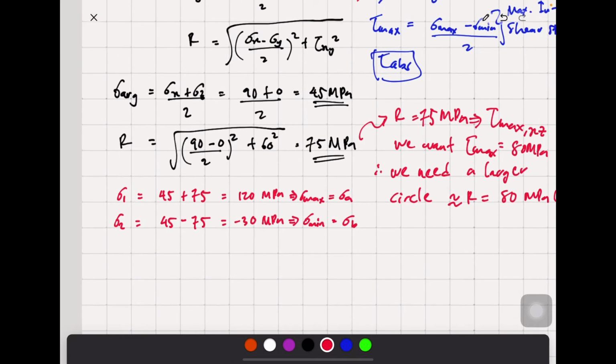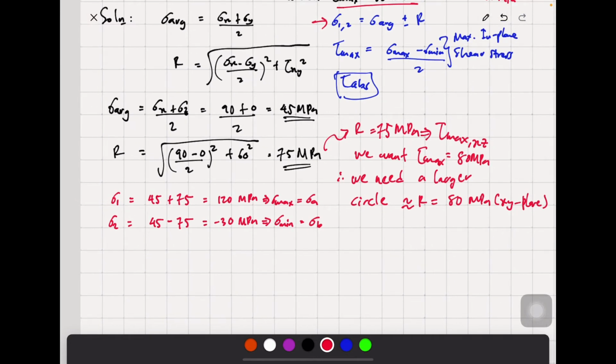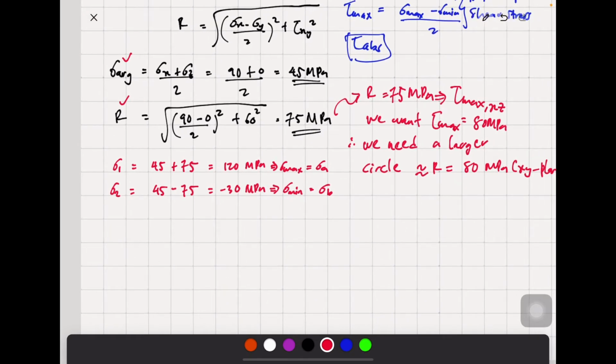These two lines over here are just the completion of our calculation by taking into account sigma average and the radius, and we do the calculation with the values that we have, 120 and negative 30.